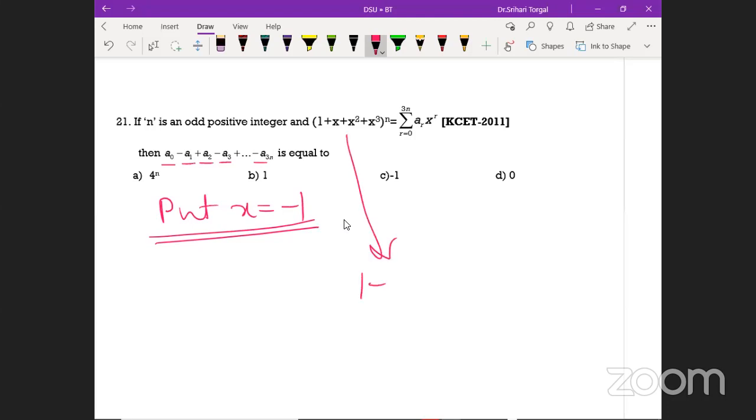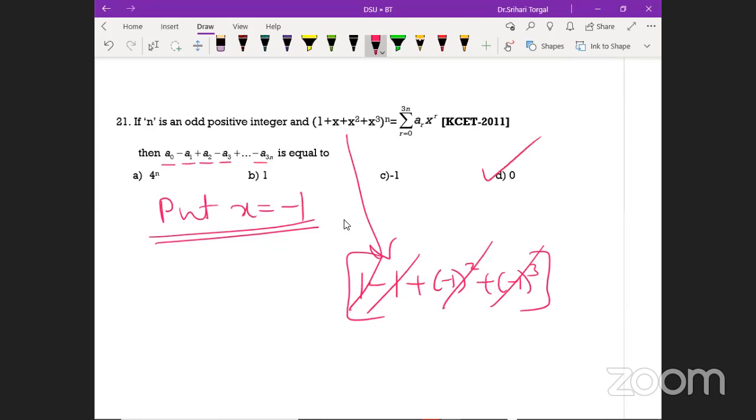If I put x equal to -1, +1 -1 cancel, +1 -1 cancel, we get 0. Option D is the answer. Correct. Got it? Yes, option D is the answer.